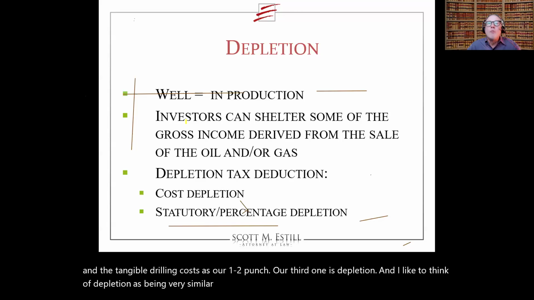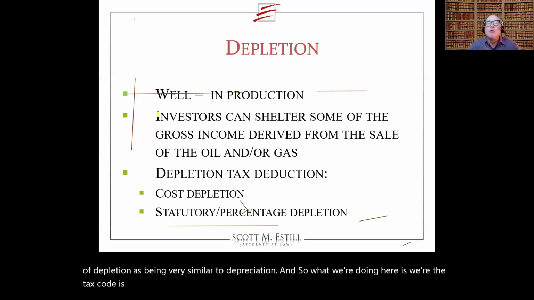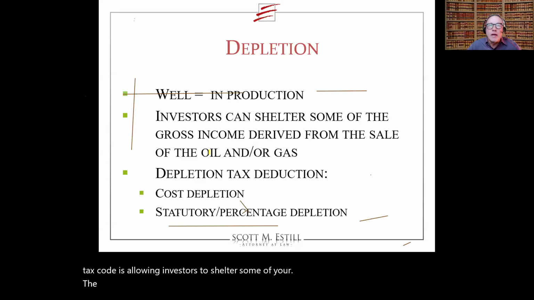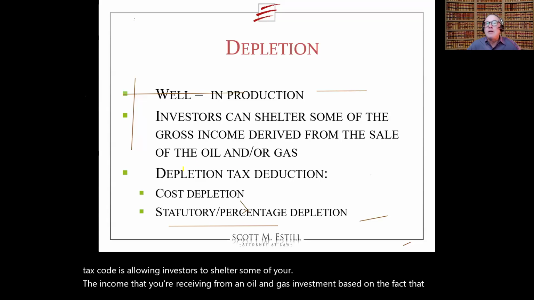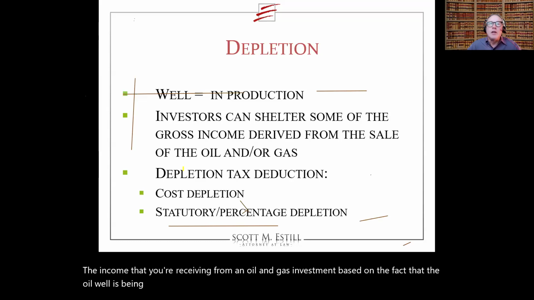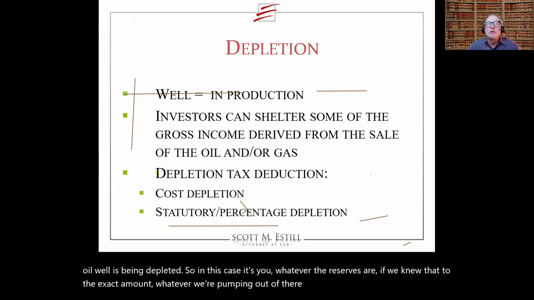So what we're doing here is the tax code is allowing investors to shelter some of the income that you're receiving from an oil and gas investment based on the fact that the oil well is being depleted. So in this case, whatever the reserves are, if we knew that to the exact amount, whatever we're pumping out of there is reducing those reserves.